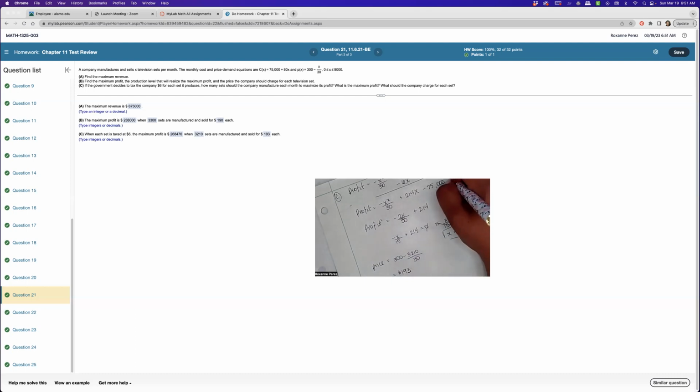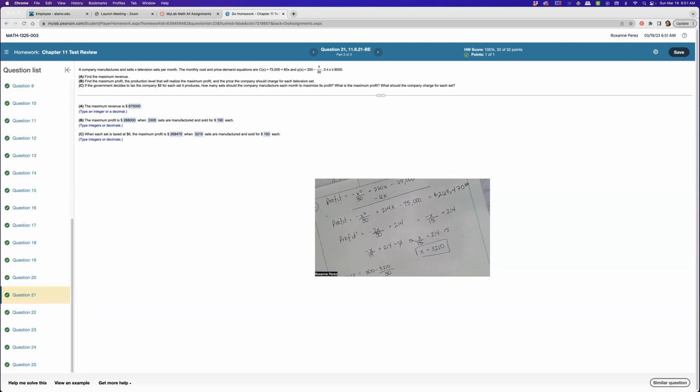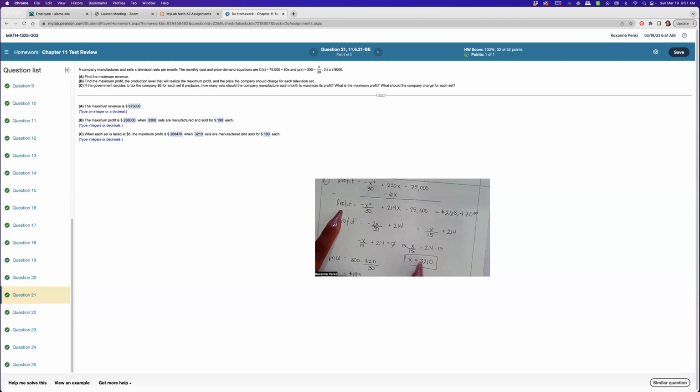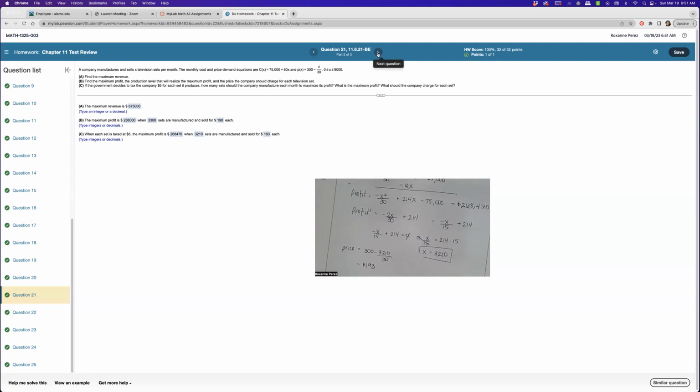And profit is going to equal $268,470. So the profit evaluated at this amount of units is going to generate $268,470, and our unit price is $193 at this quantity of x. Okay, and that's part C.